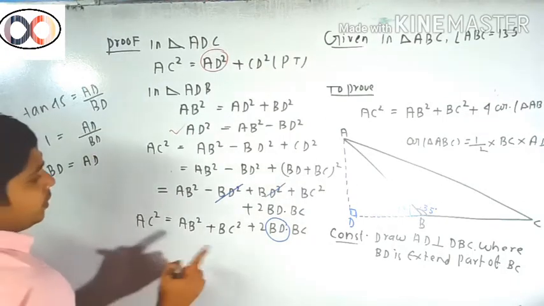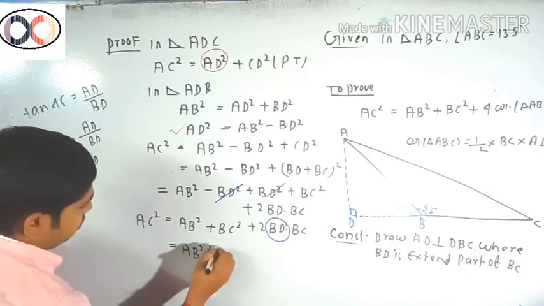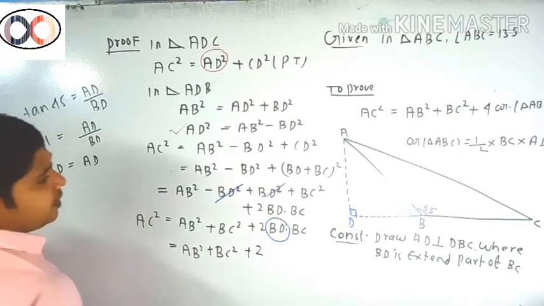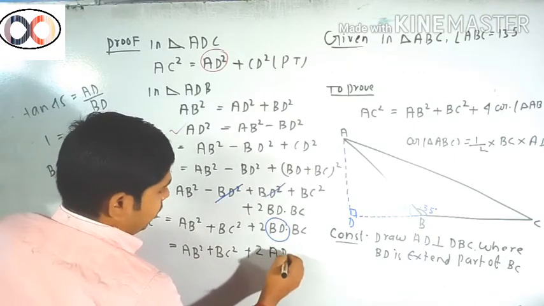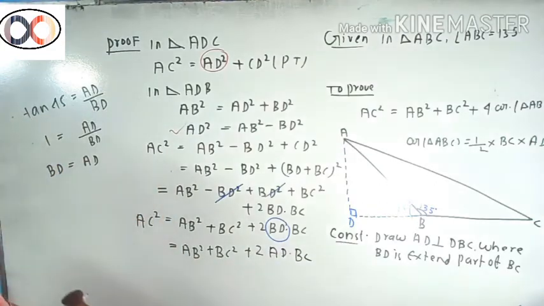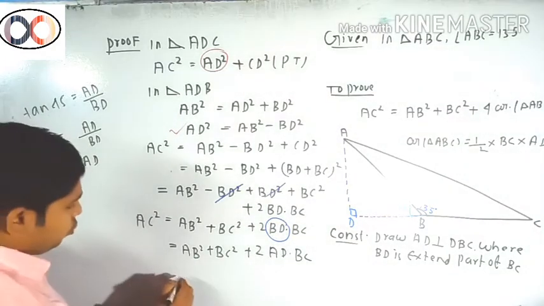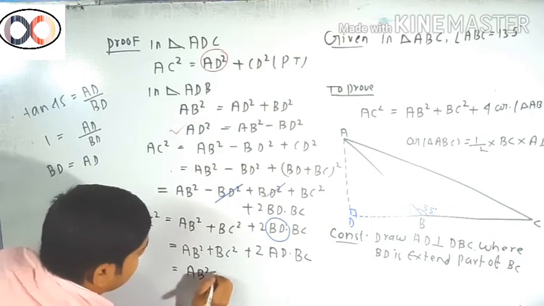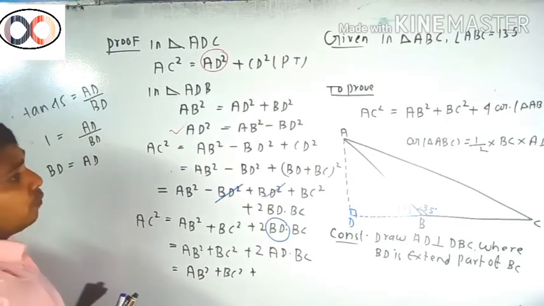AD by BD. Okay, so tan 45 equals 1, so BD equals AD, and we can replace BD with AD. If we replace it, we get AB square plus BC square plus twice AD into BC.